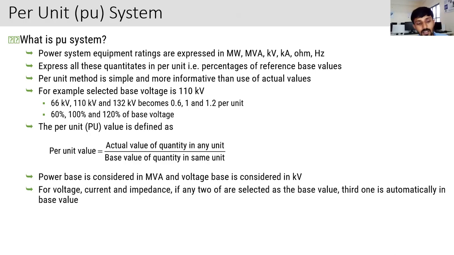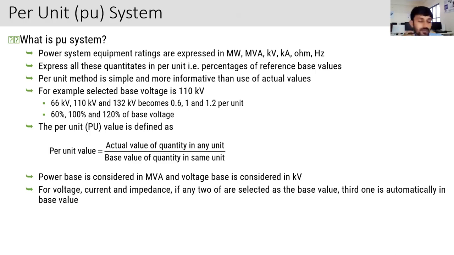If you consider current, voltage, or impedance, only two quantities we have to consider as base values. The third one is automatically converted into a base value because of Ohm's law. What is Ohm's law? Sorry, I is equal to V by R. So V or I we have to find in the per unit system, and R is automatically in the per unit system.